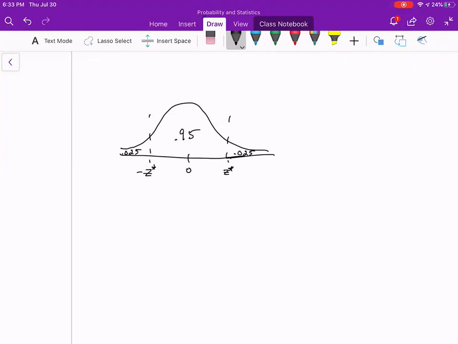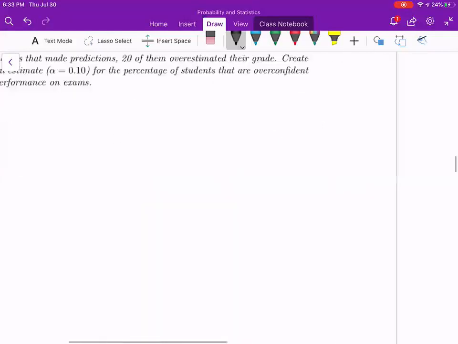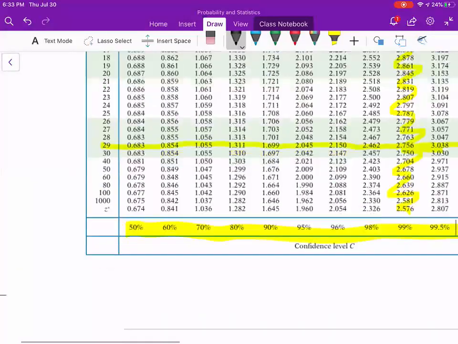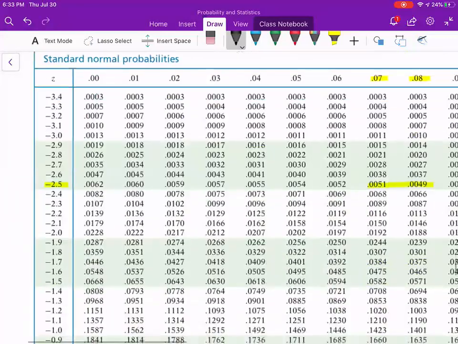Again, a quick check is to add up all three of those values, and it has to equal 1. Otherwise, a mistake was made somewhere. The standard normal table gives us less-than probabilities, so I'm going to look up 0.025 in the standard normal table.